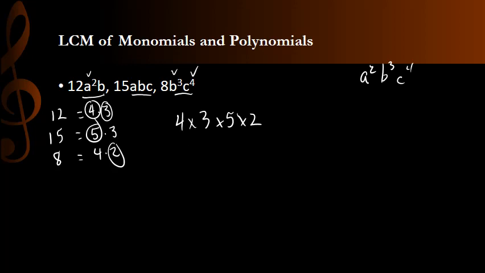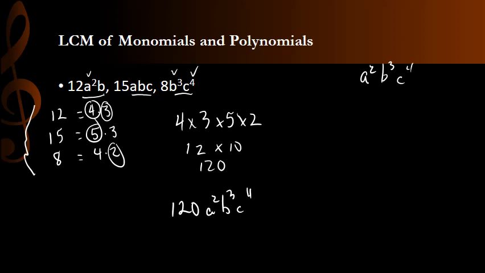So let's see, 4 times 3 is 12. 5 times 2 is 10. 12 times 10 is 120. And so my least common multiple of these monomials is 120 a squared b cubed c to the fourth.